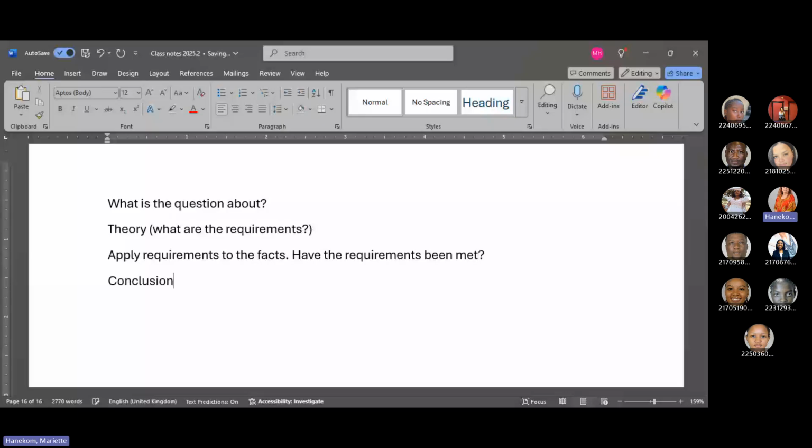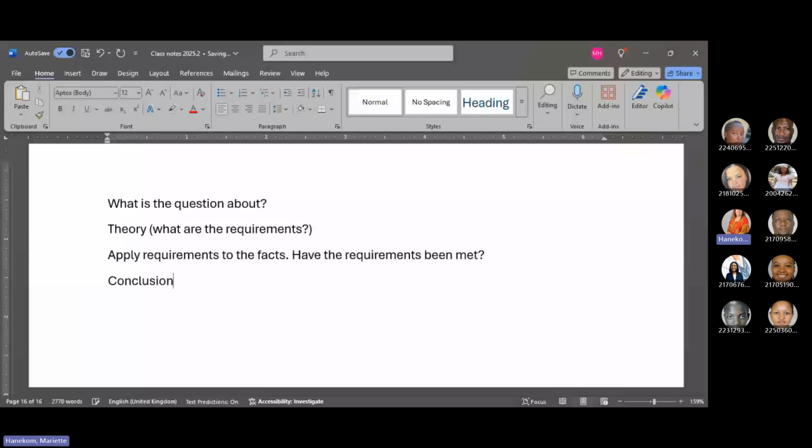If the requirements have not been met, then the duty does not apply, or the risk does not pass, or whatever the question was. If the requirements have been met, then your conclusion will say, yes, there was a latent defect, etc. With me?